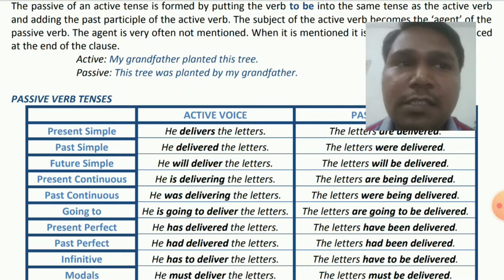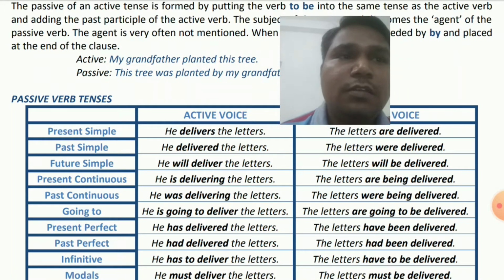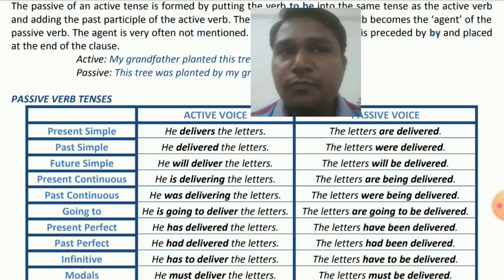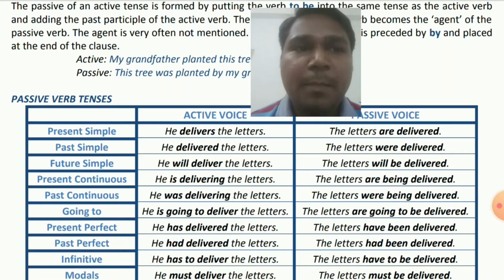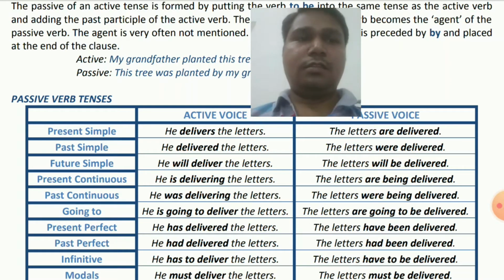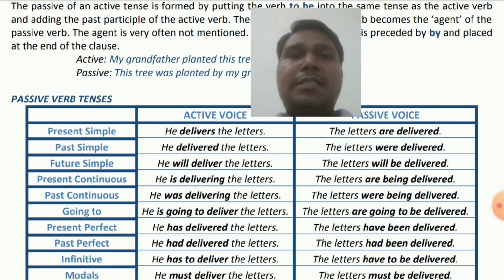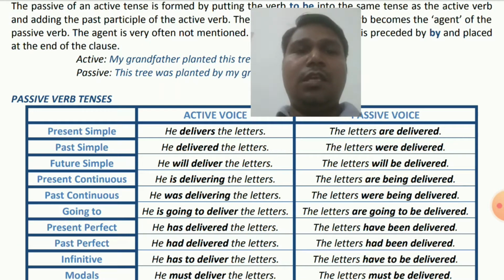Present continuous tense. He is delivering the letters. The passive of the sentence is: The letters are being delivered. Past continuous tense. He was delivering the letters.